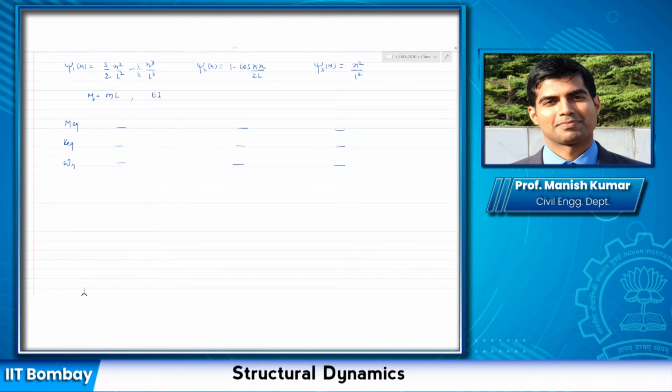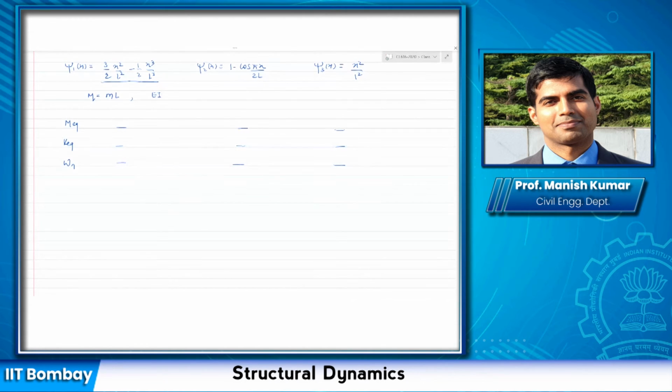Anybody with the answer for all of these? Let us first consider this first case where the shape function basically represents the static deflected shape, and we are assuming that dynamically also the structure is going to deflect like that. That is an approximation.